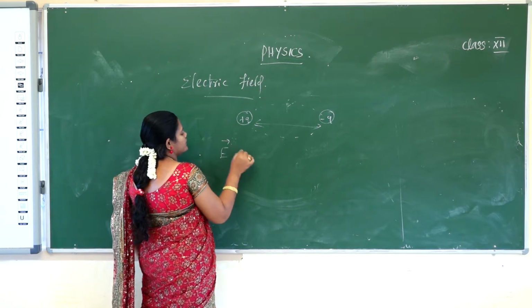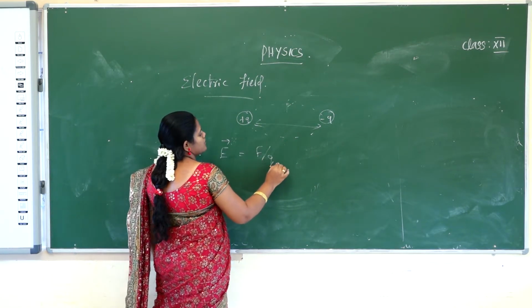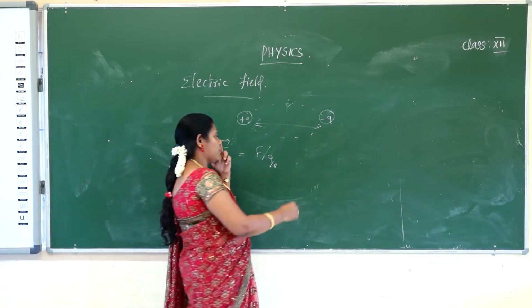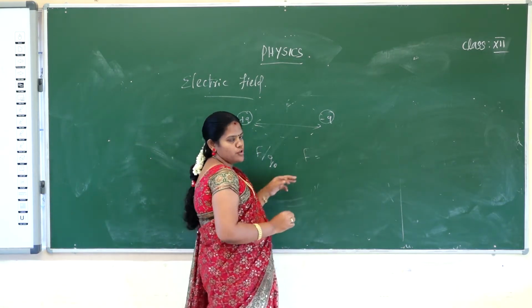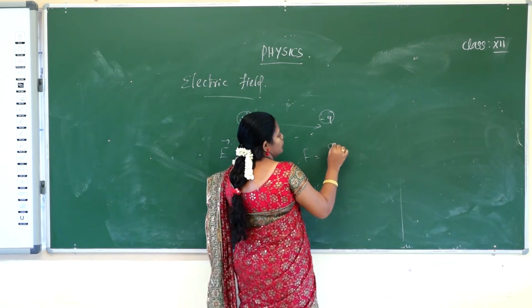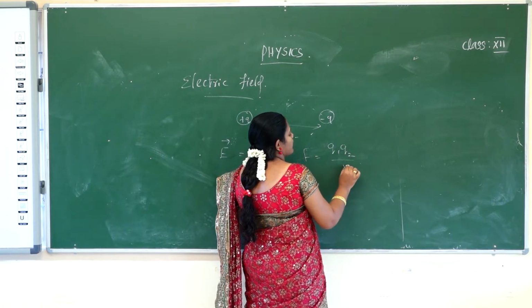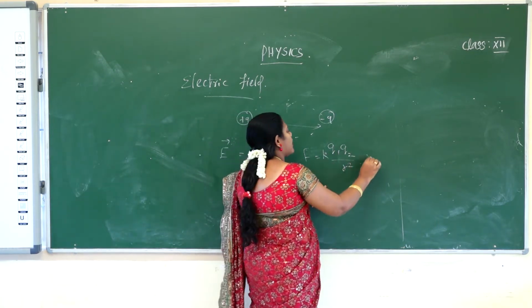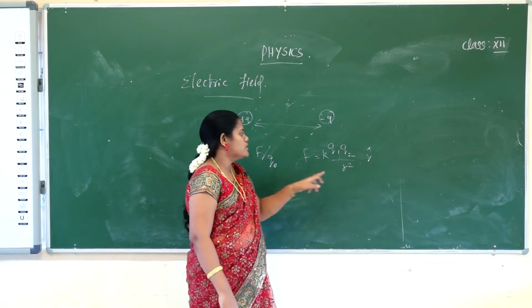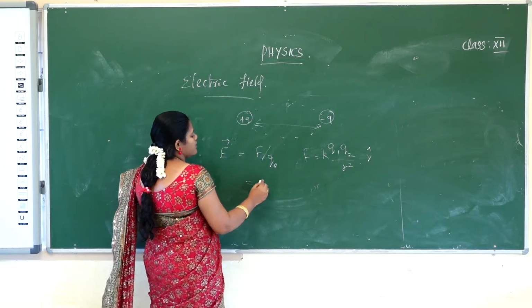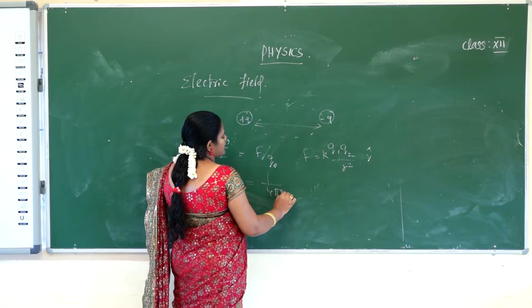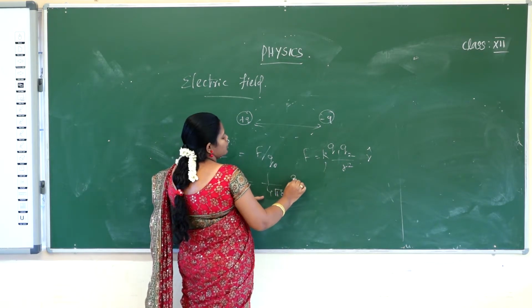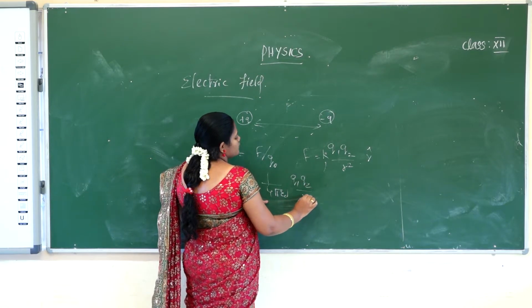Electric field E is equal to F by unit charge, F by test charge. What is F? What is the formula for Coulomb force? That is K into Q1 Q2 by R square, R cap, where R cap is a unit vector. Just put K value, 1 by 4 pi epsilon naught, so 1 by 4 pi epsilon naught Q1 Q2 by R square.